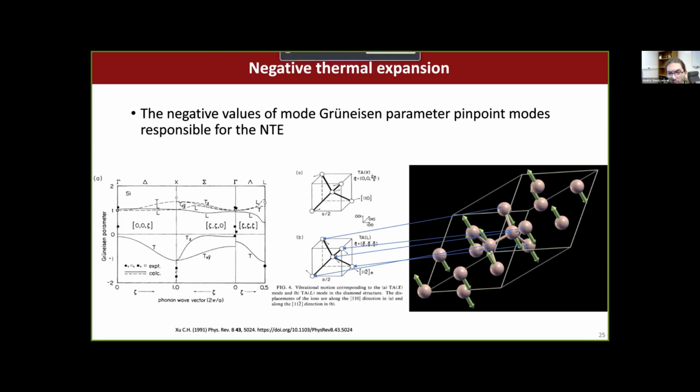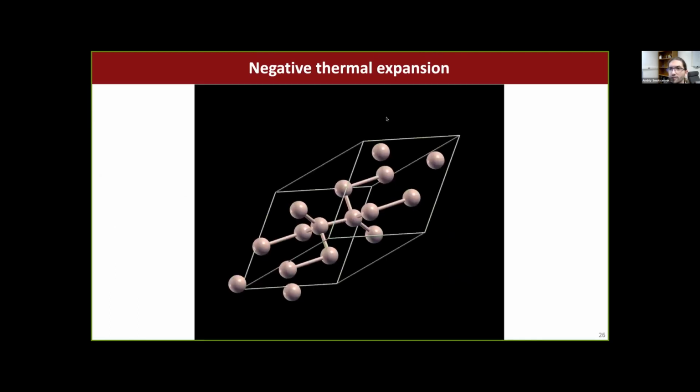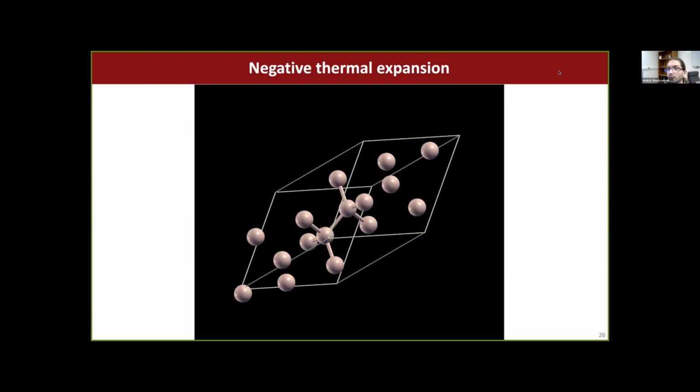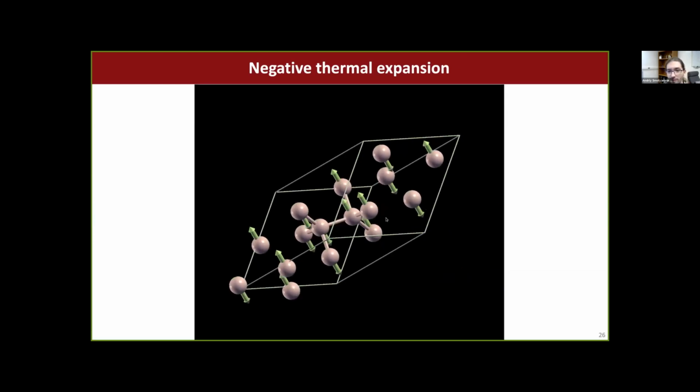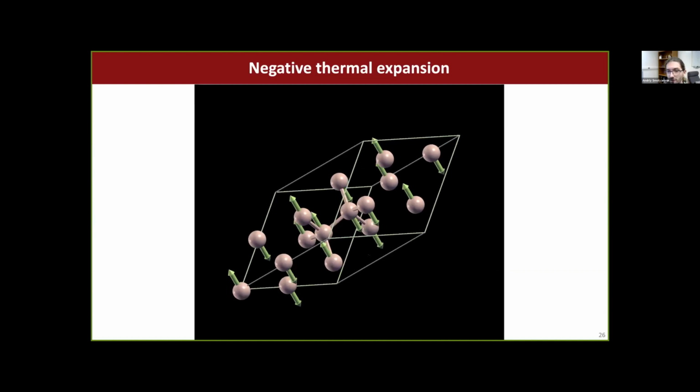As you can see, these four atoms try to move down, and you see the same on the picture on the right. And this atom moves up, and you see the same on the right here. And again, you can make an animation, and you can do a visual inspection of this particular mode.